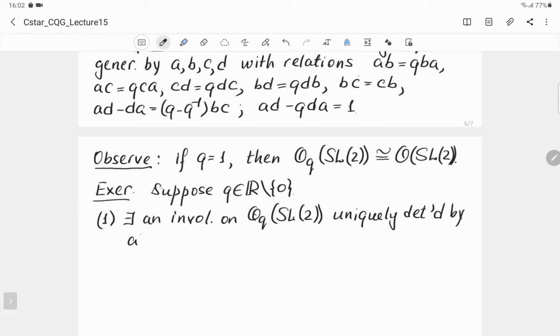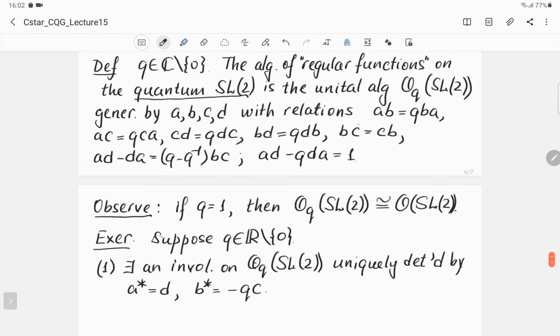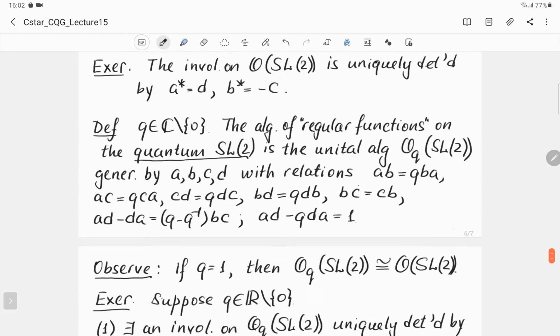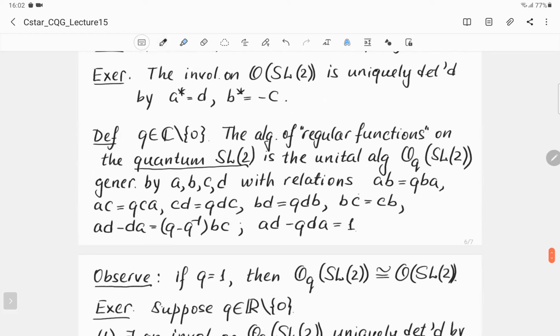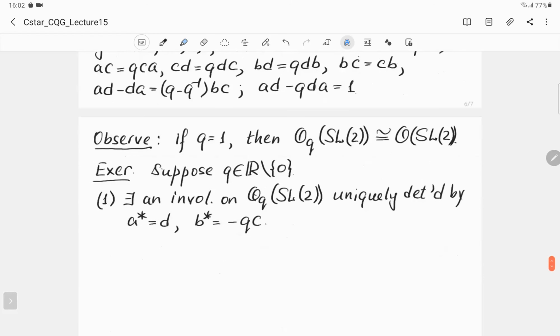A star equals D, and B star equals minus QC. So let's compare this with the above involution on the non-quantum algebra of functions on the SL2 group. So the difference is that we put Q here.